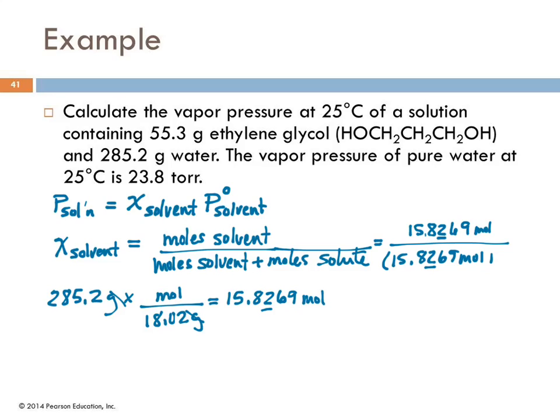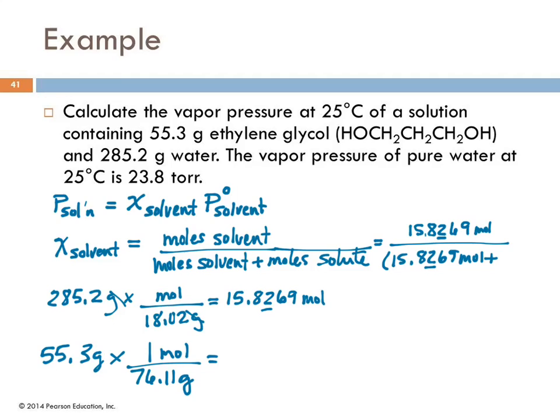And then we need moles of the solute, right? The reason they gave you the formula here is so that you could calculate the molar mass. 76.11, thank you. So we just add up all the C's and H's and O's.